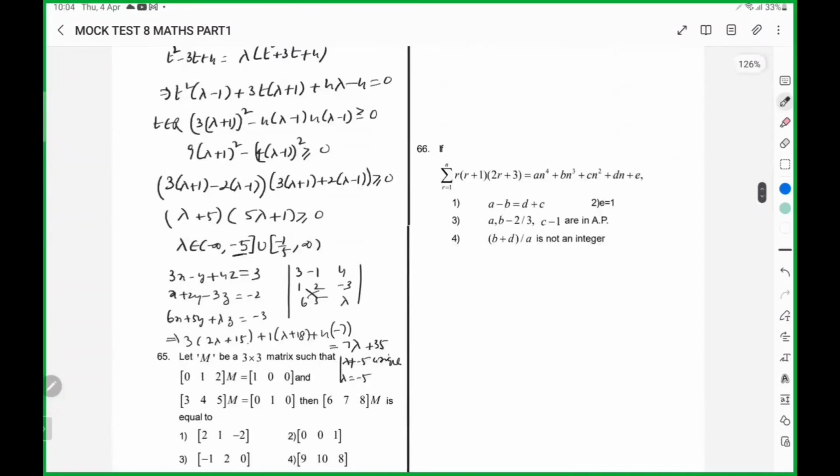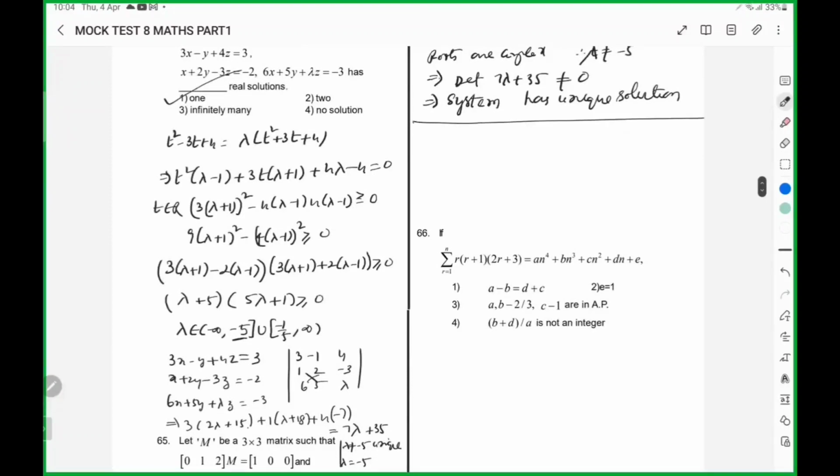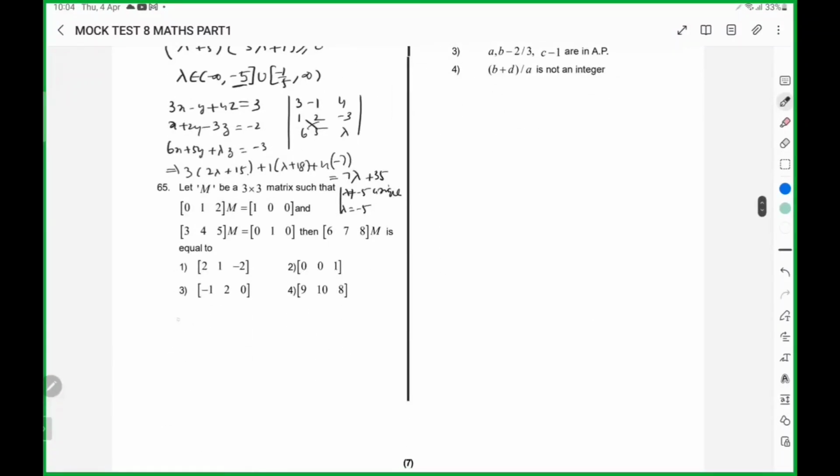So in this problem, let M be the matrix A, B, C, D, E, F, G, H, I. What is given is that M times 0, 1, 2 equals 1, 0, 0.